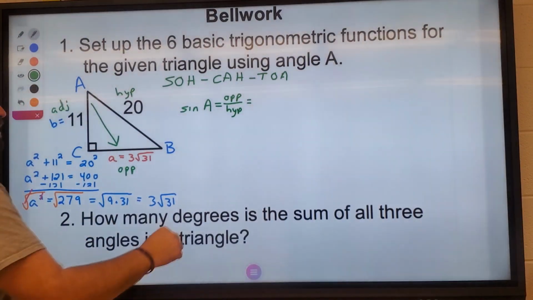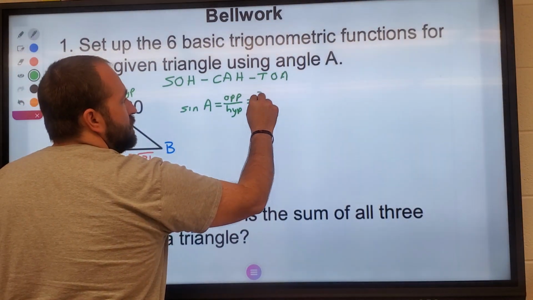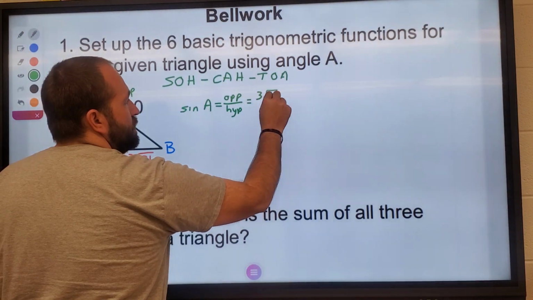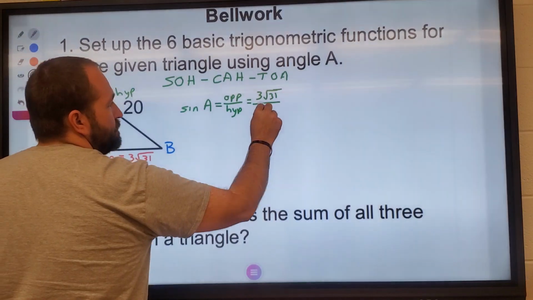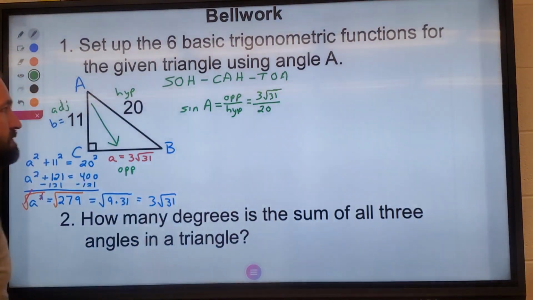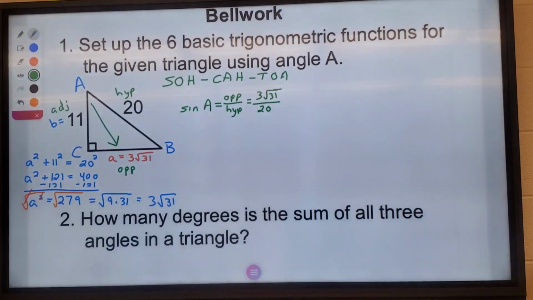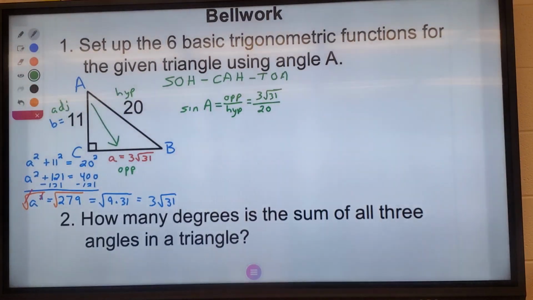The opposite is 3 square root of 31, over the hypotenuse, which is 20. Since 3 and 20 are not simplifiable, we cannot reduce. Since the square root of 31 is on top, we also don't have to rationalize. So my answer for sine of A is 3 square root of 31 divided by 20.